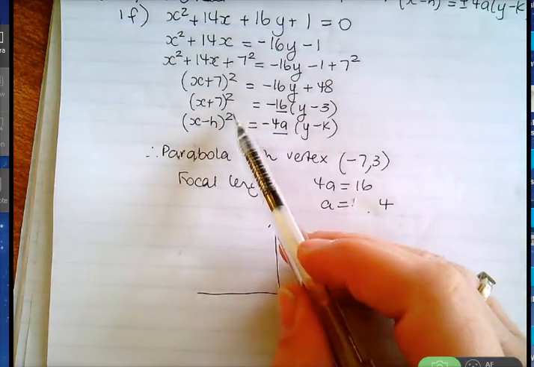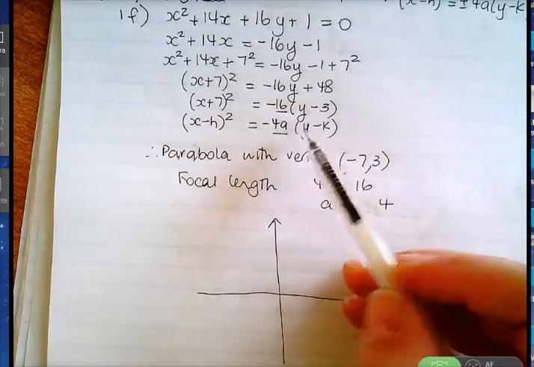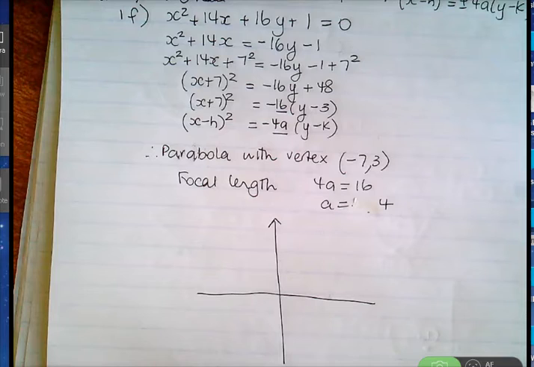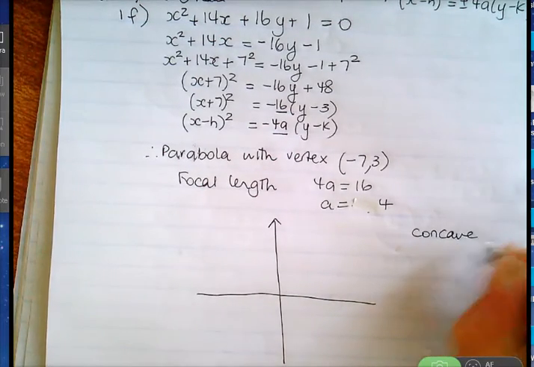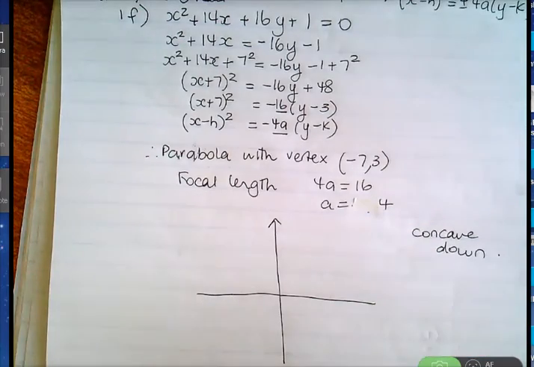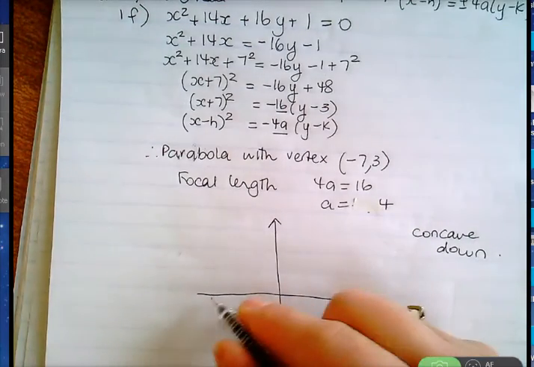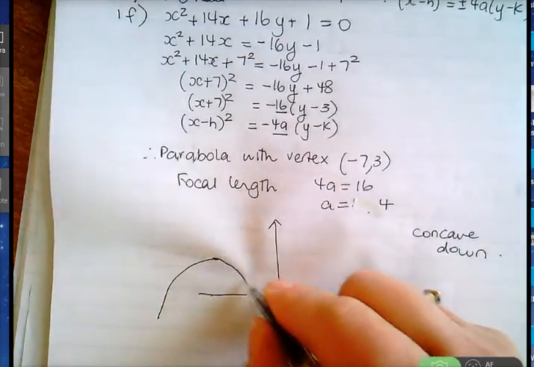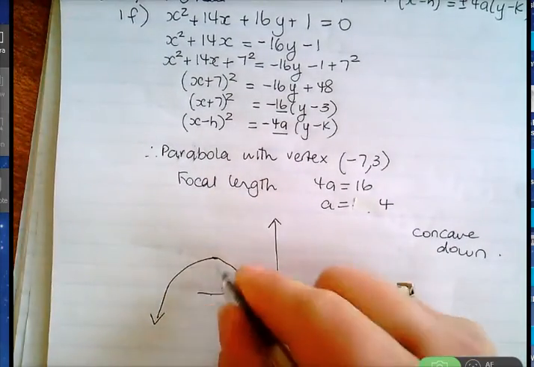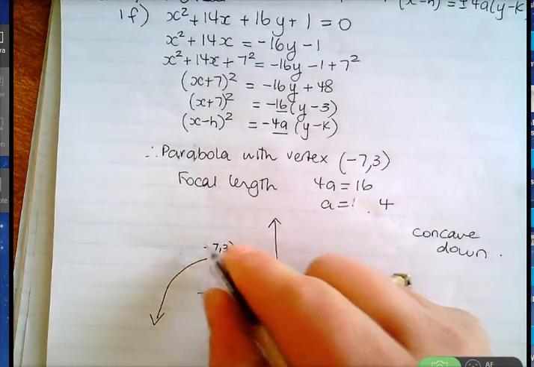No, it's x squared is minus 4ay type, but the vertex is not 0, 0. So it's definitely concave down. Yes or no, girls? Yes. All right, what's the vertex? -7, +3. It's concave down. And so this is the point -7, +3.